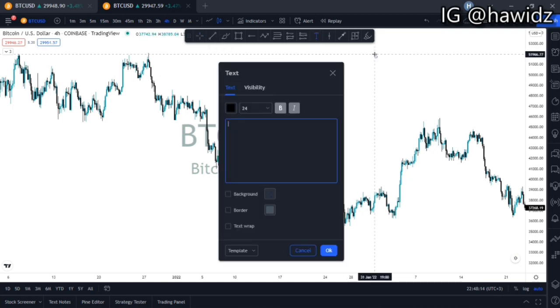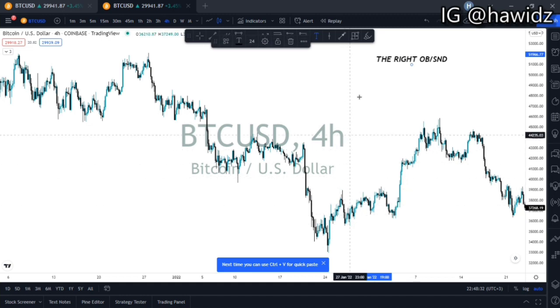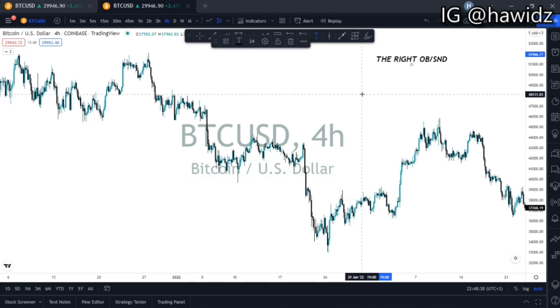Write down the right order block slash SND zone. So how to pick out the right order block or supply and demand zone that you want to trade from as a smart money trader.